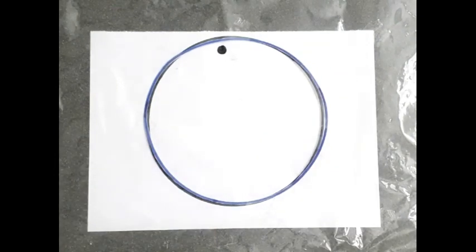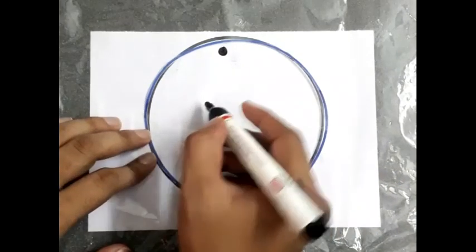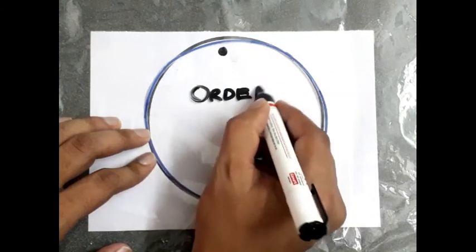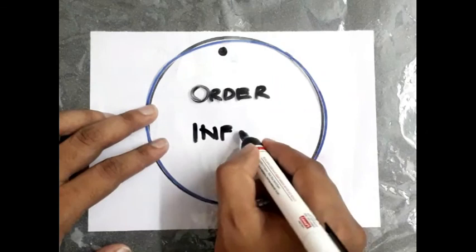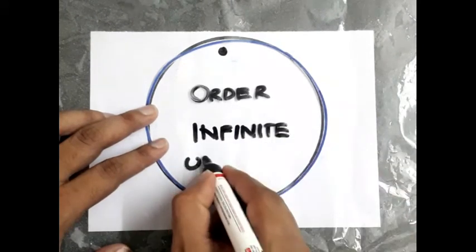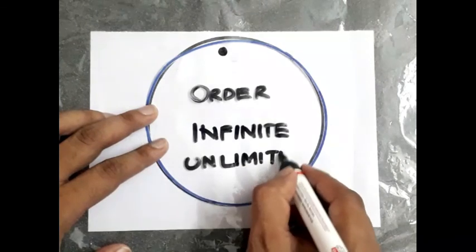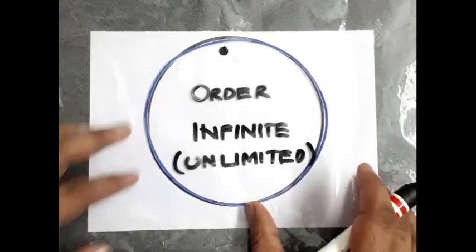That means for the circle, the order is infinite. Infinite means unlimited. So it is going to get matched for unlimited times. Infinite or unlimited, both are the same.